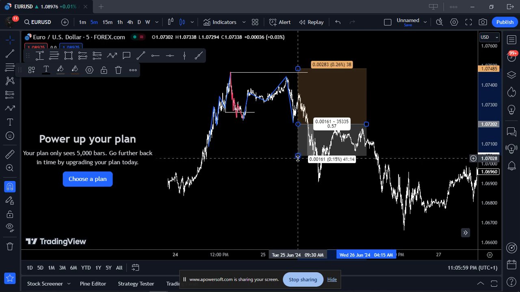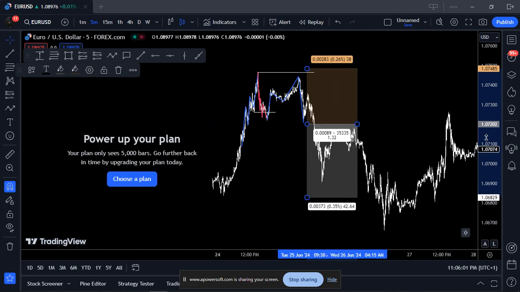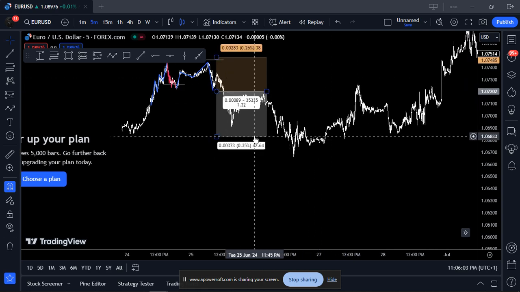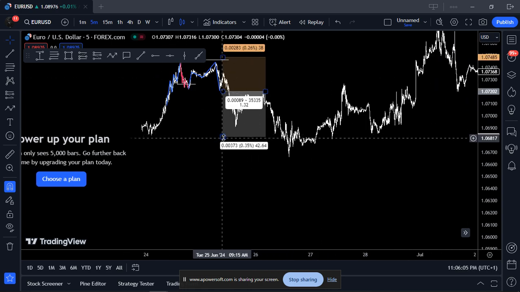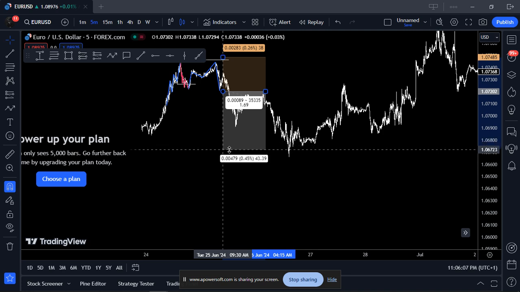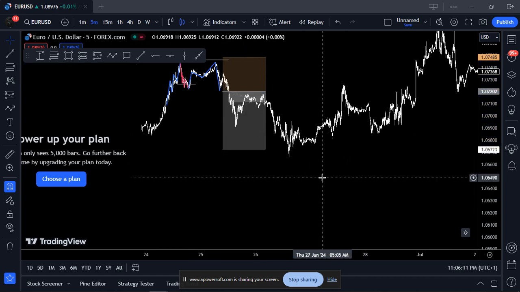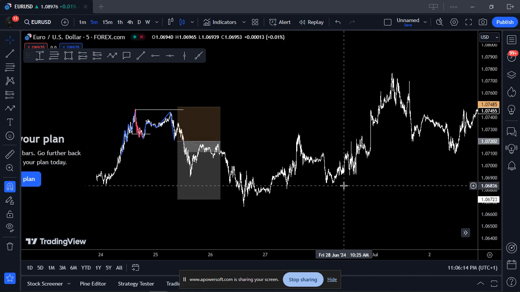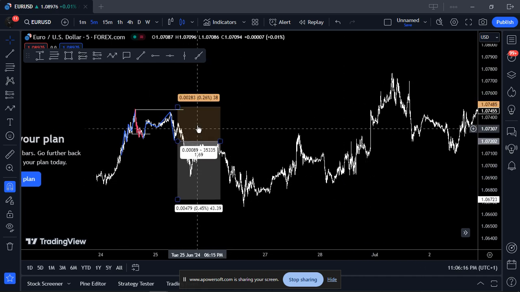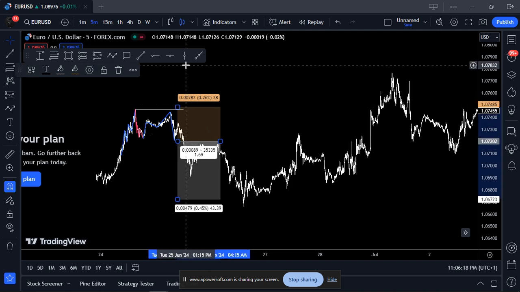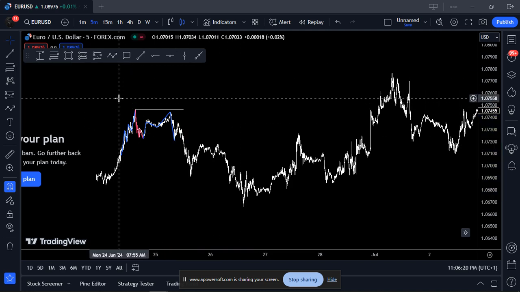Put your stop loss. If you want your 1 to 2, or since this is a short one, you see 1 to 1.69, that's enough. Since generally it's an uptrend, you can just take a quick profit of this, and that's it.